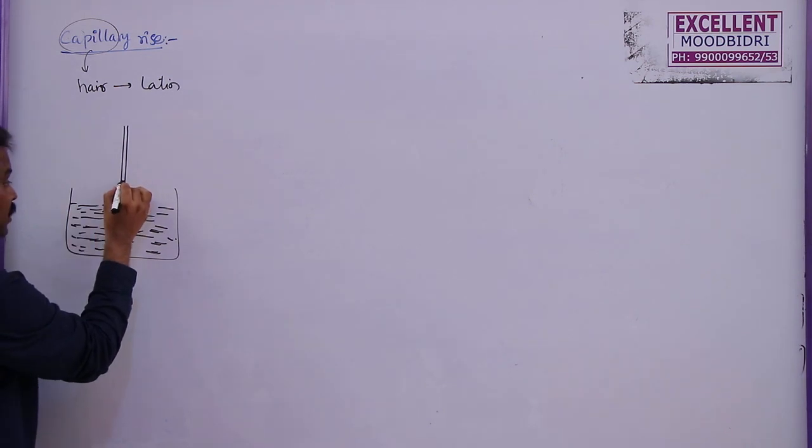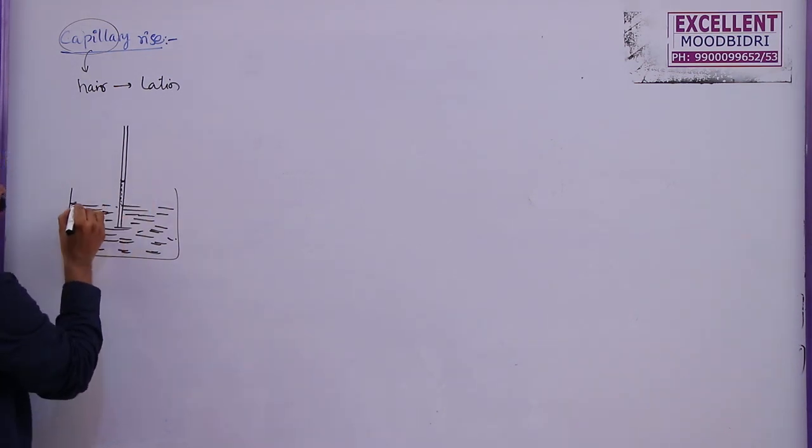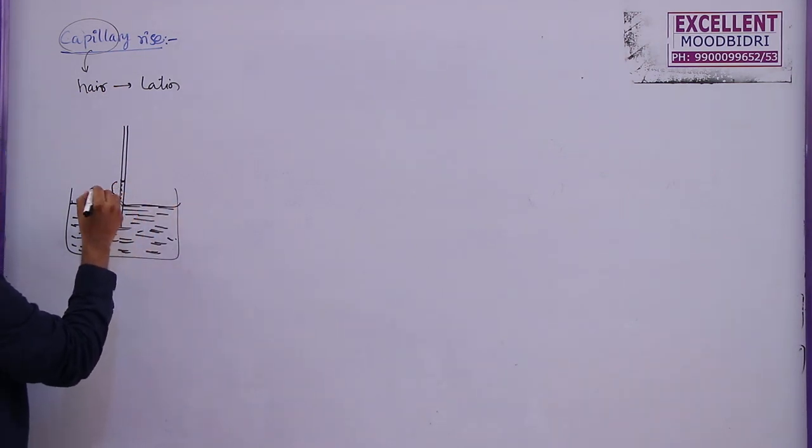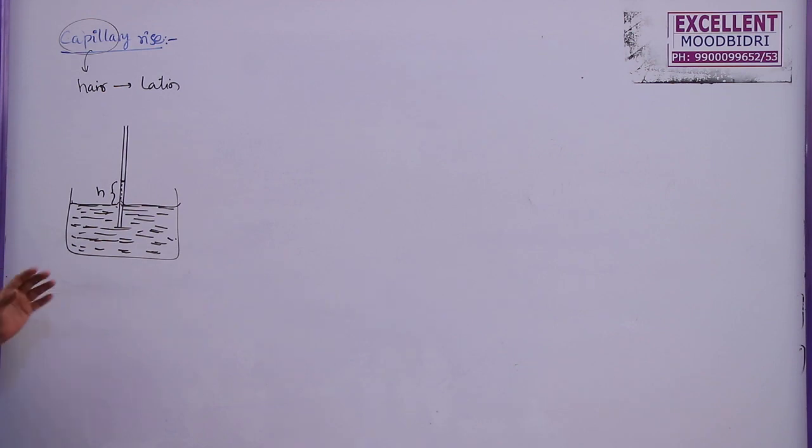So the height of the liquid inside this capillary tube is more than the level of the liquid in the container. So this is called capillary rise, whose height is h.